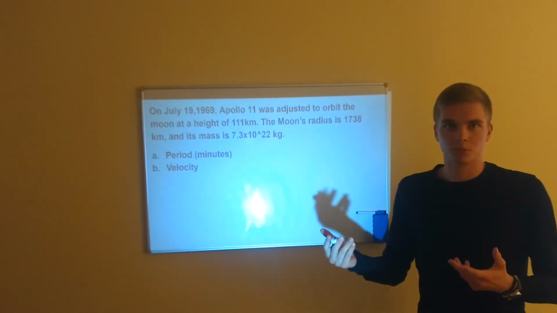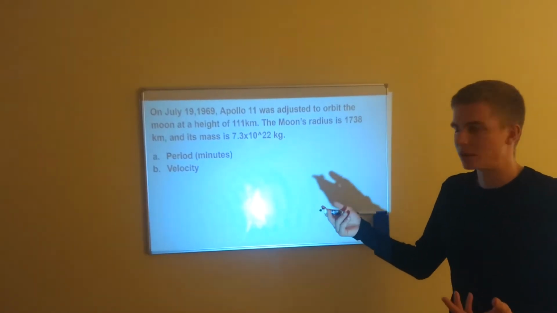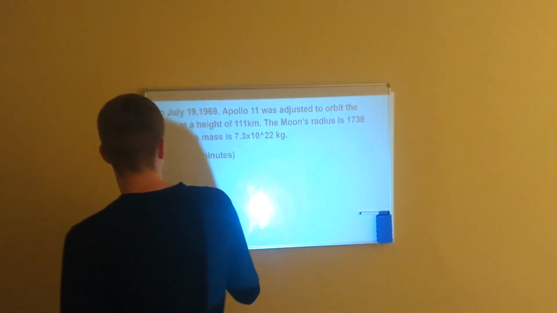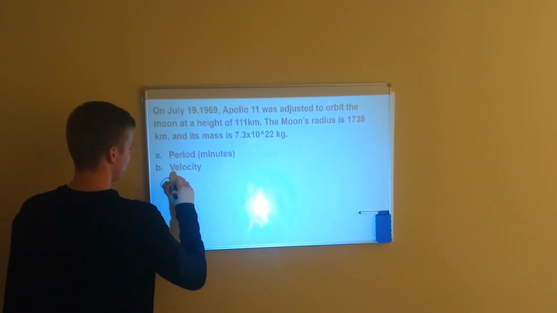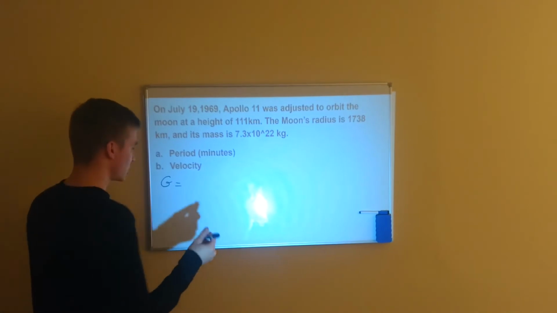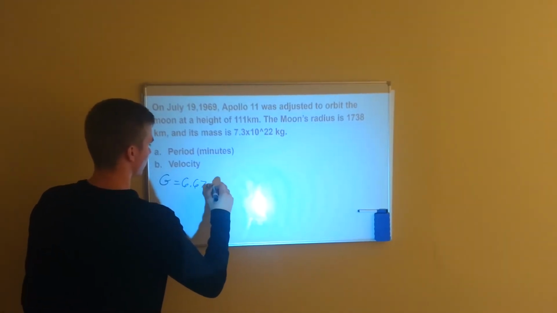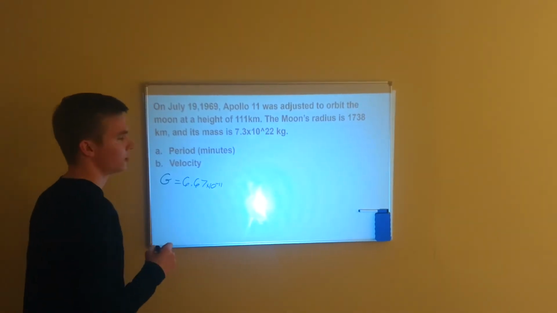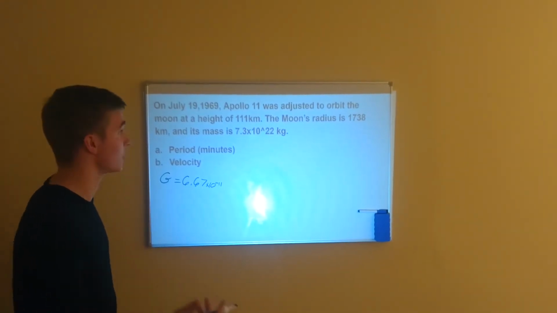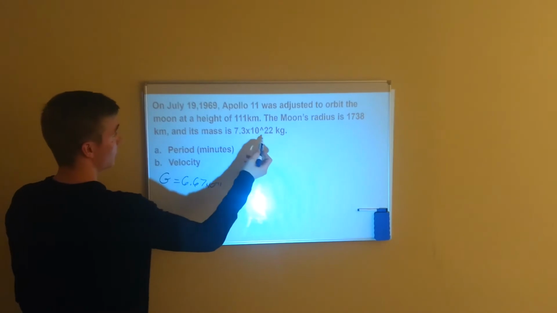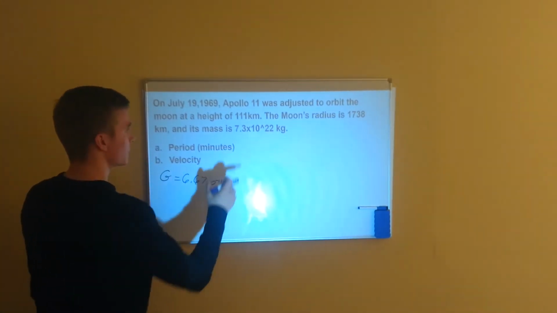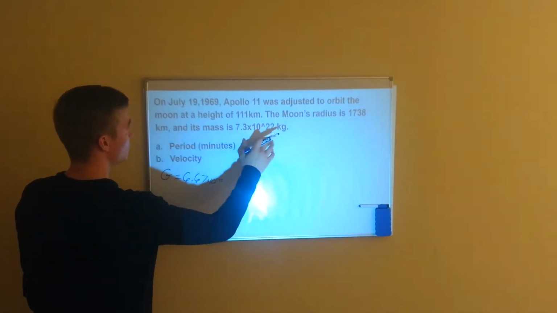Okay, so the first thing that people really seem to be having an issue with, in both of these problems, we need basically three things. We need G, which is our gravitational constant. We know the answer to that. Okay? The other thing we need is the mass of the craft. Usually it's the mass of the Earth, but in this case it's the mass of the moon.